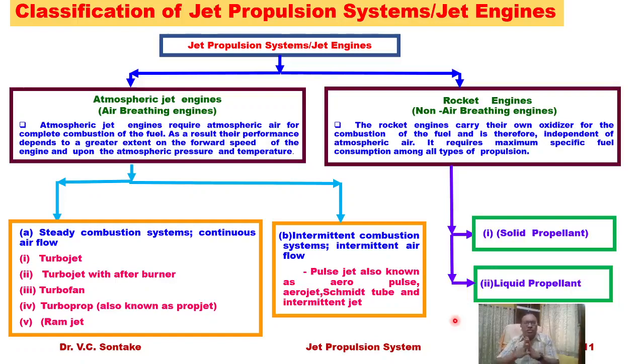So this is all about the classification of jet propulsion systems. In our syllabus, we are supposed to study in great detail atmospheric jet engines, both steady combustion and intermittent combustion systems. The rocket engines or non-air breathing engines are not in your syllabus.